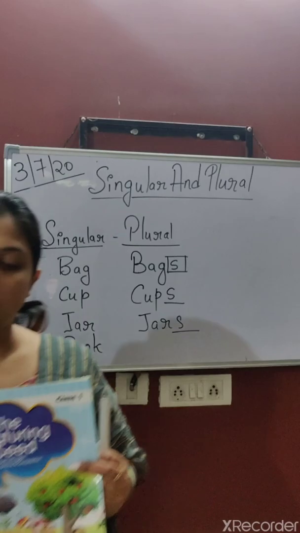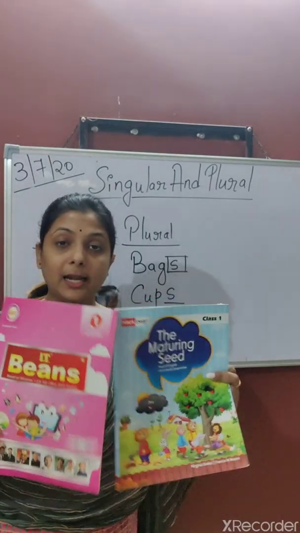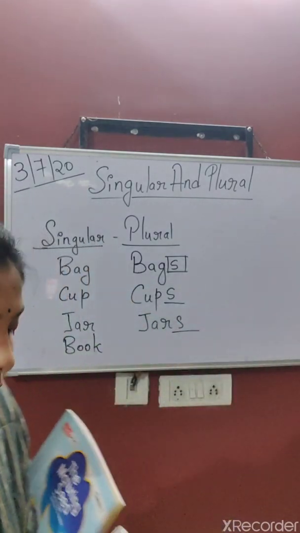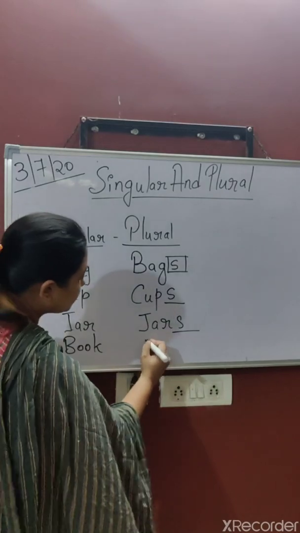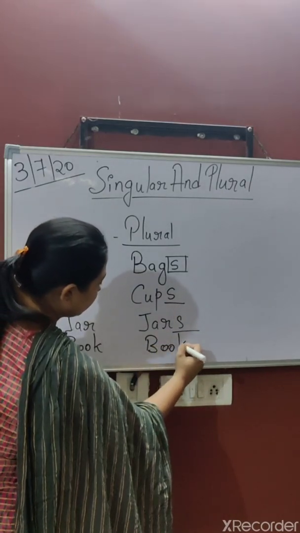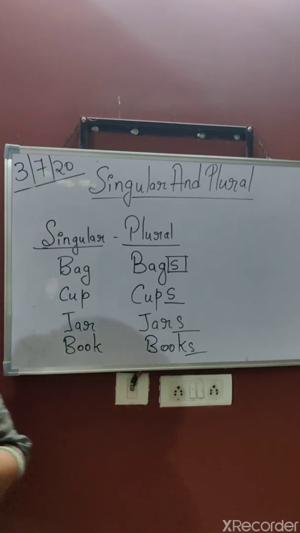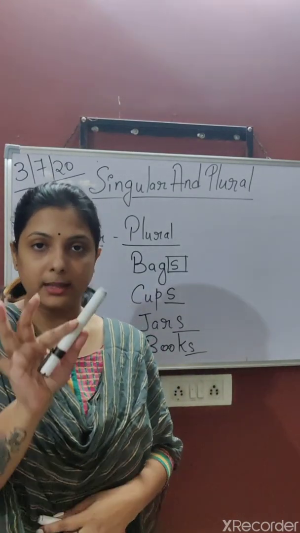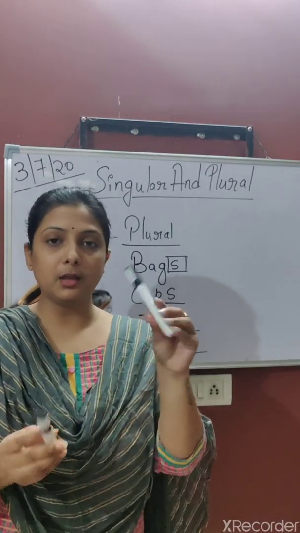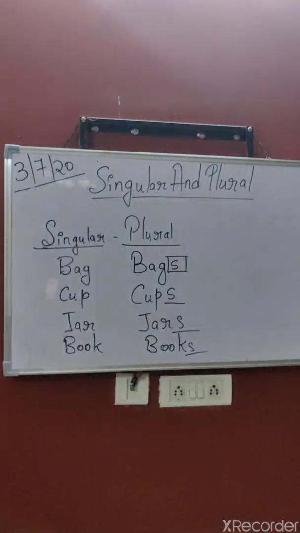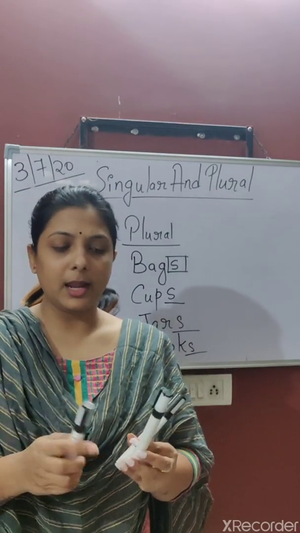And now books, and it is a plural form. Book, books, S. So students, singular means one thing and plural means more than one thing. It could be 2, or it could be 3, or more than 3, right?